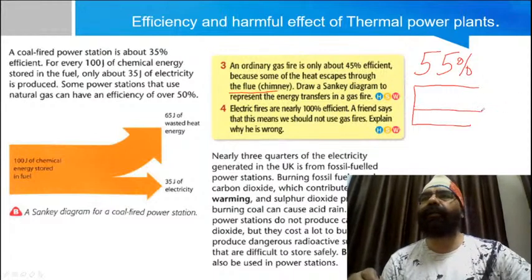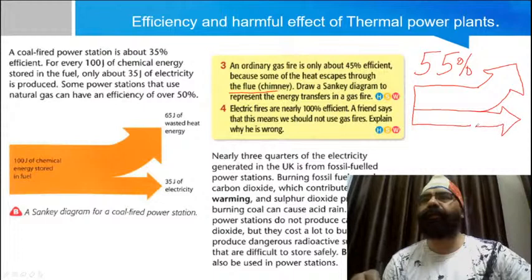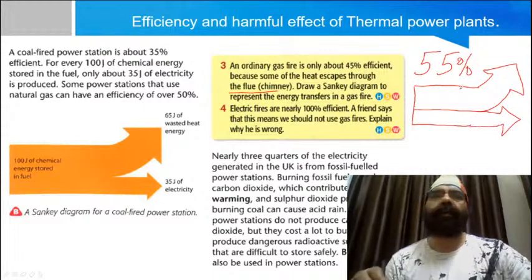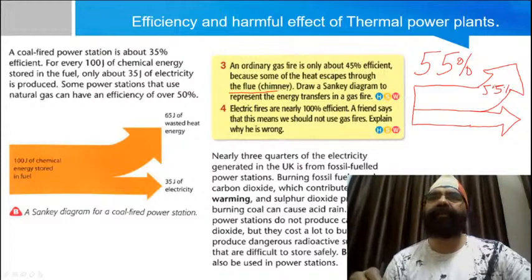Now I turn it, I take the curve up like this, okay, which means this energy is wasted, and I bring this one forward like this. Got it? So now this represents 55%. This represents 55% energy that goes out of the chimney.